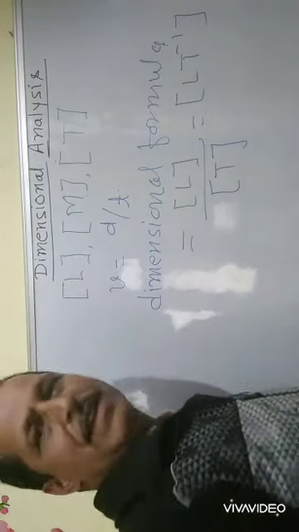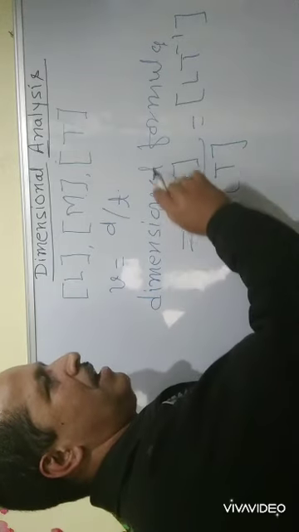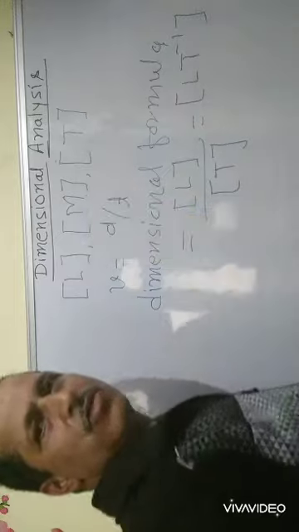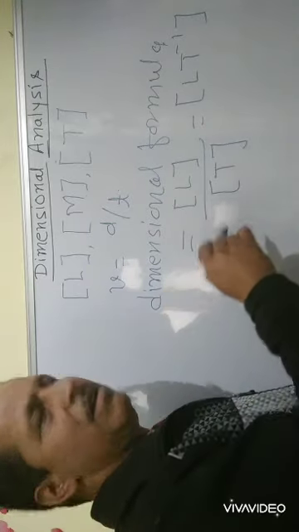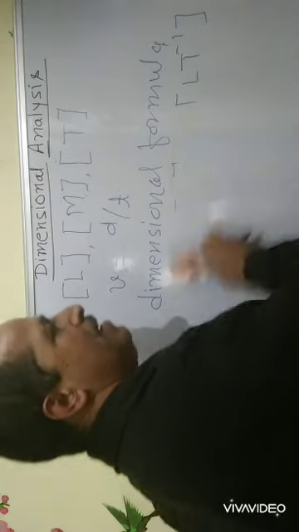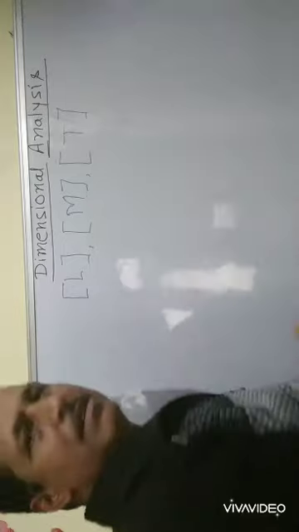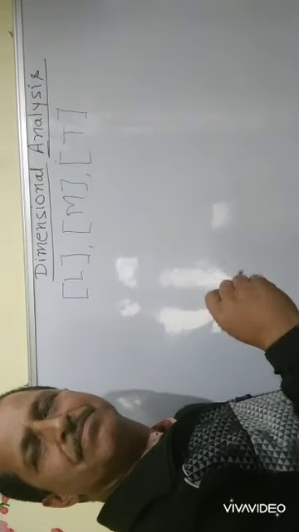So we say that the dimensions of speed are LT minus 1, or the dimensional formula of the speed is LT minus 1.